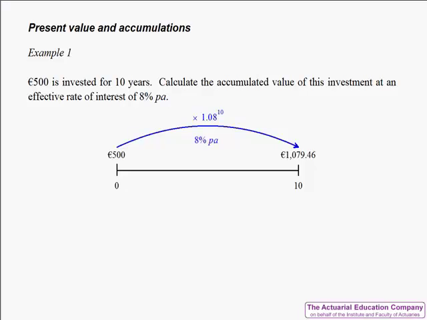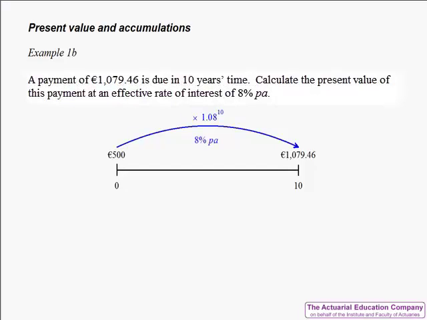However, we are often more interested in calculations the other way round. For example, suppose we now have a payment of €1,079.46, which is due in 10 years' time, and we wish to calculate the present value of this payment at an effective rate of interest of 8% per annum. By present value, we mean what is the value of the €1,079.46 payment at the present time, i.e. time 0.